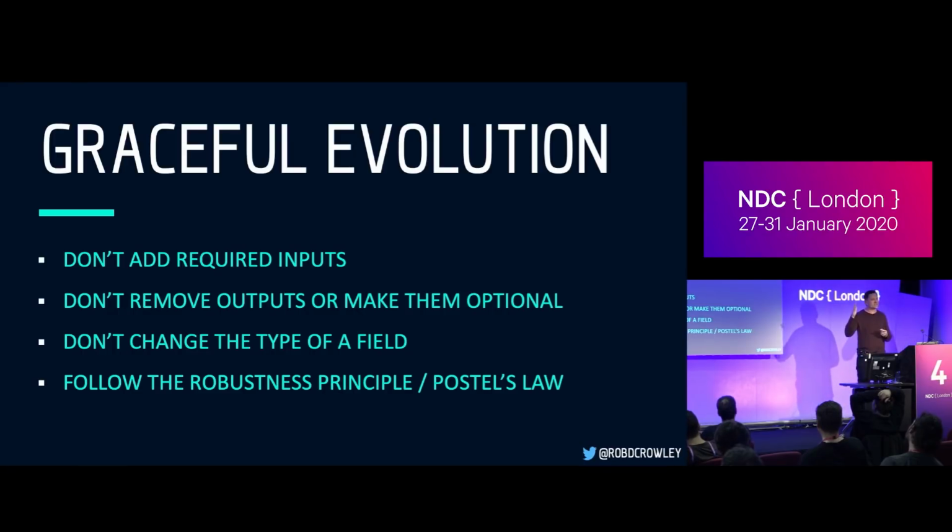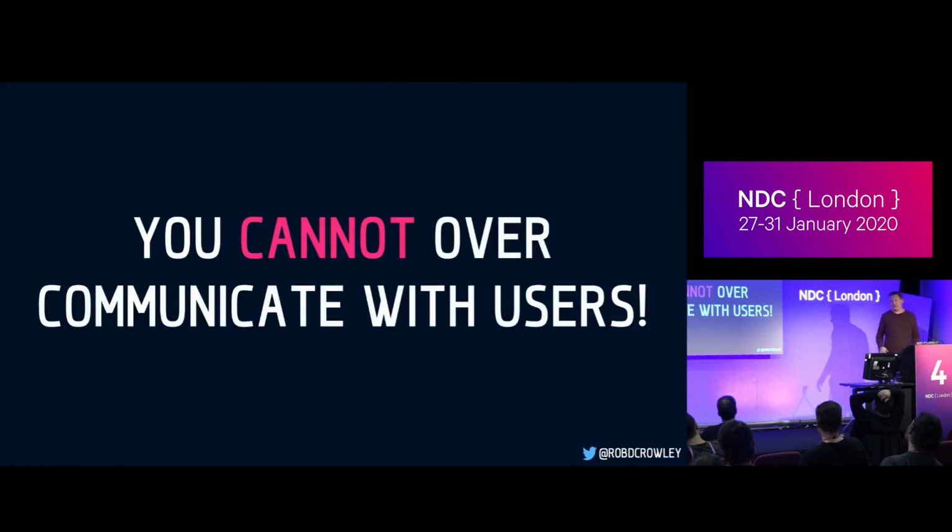But while it takes discipline on the server side, you cannot treat it in isolation. And another massive call-out is you cannot over-communicate with your users. So even if you are going to make a change, don't rely on sunset or deprecation headers on your API responses and expect your clients to understand that a change is going to be coming.